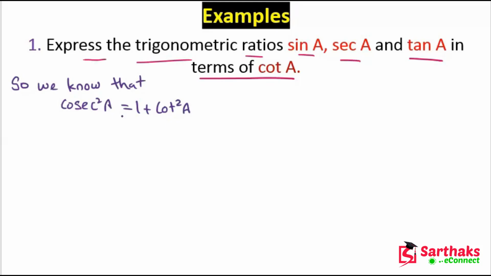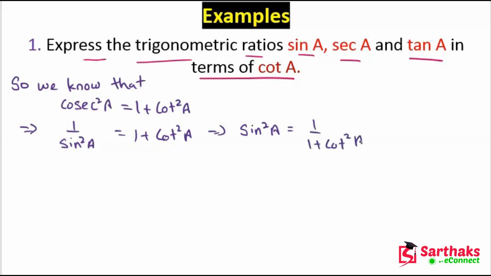So cosec is the inverse of the sine function, we can write it as 1 upon sine square A, which is equal to 1 plus cot square A. Okay, now so it will become sine square A, which is equal to 1 upon 1 plus cot square A.